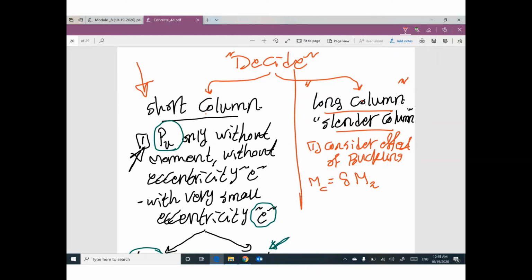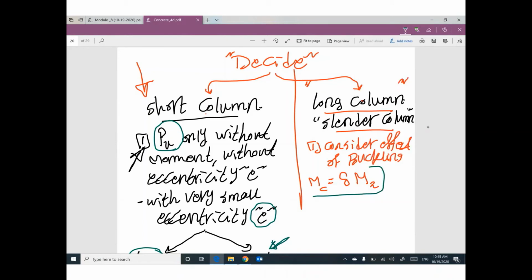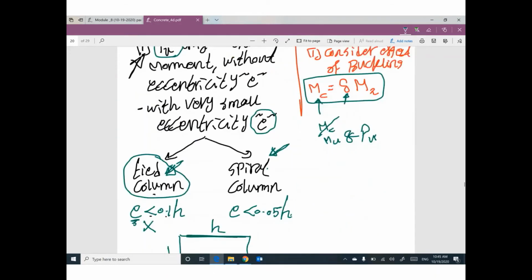Once you are done with this expression and you figured out the value of delta, this moment MC, I can call it M ultimate. Beside P ultimate, I can use the interaction diagram to figure out the value of rho and then the value of area of steel.